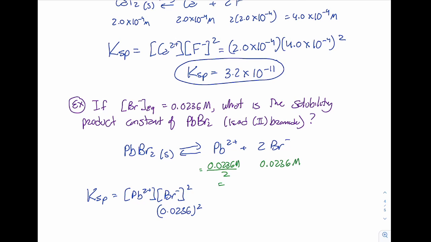So I'm just grabbing my calculator here real quick. And I get that to be 0.0118 molar, right? And again, I'm just using these ratios. You can put the 1 here if it helps. For every 2 of these, I only have 1 of these. So my concentration of lead is going to be half my concentration of bromide.